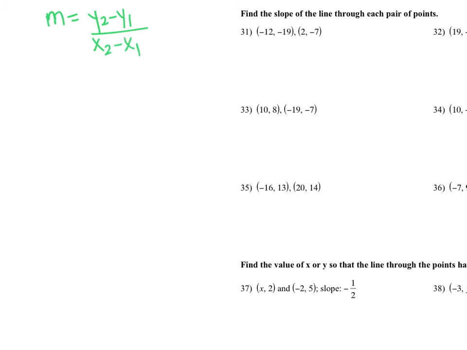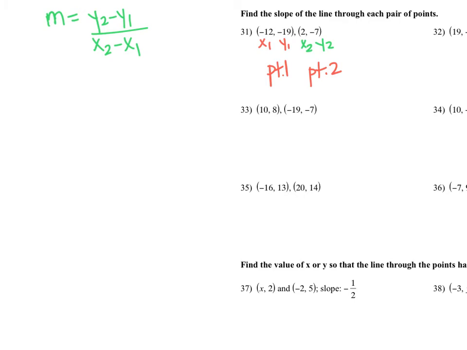And it doesn't matter which point you decide to be your point 1 or point 2. So if I make this point 1 and I make this point 2, then this would be my x1, y1, and this would be my x2, y2. Okay, so now, if you wanted to switch that around, that's okay, as long as the 1s are together and the 2s are together.